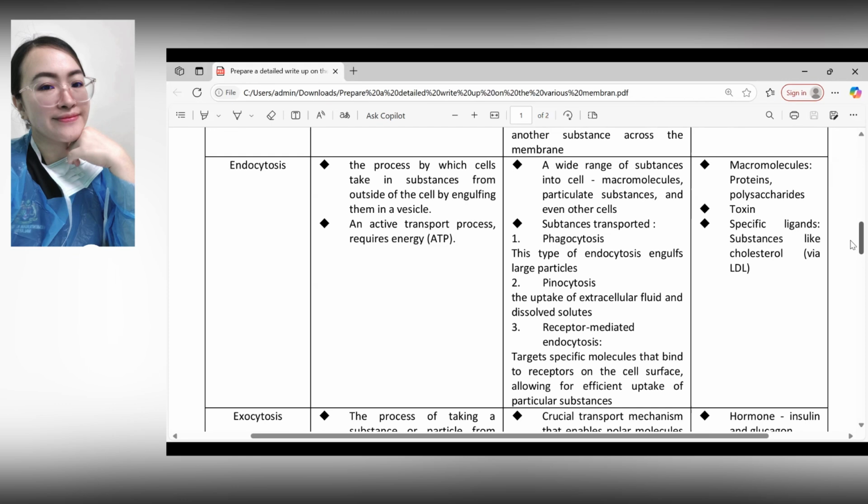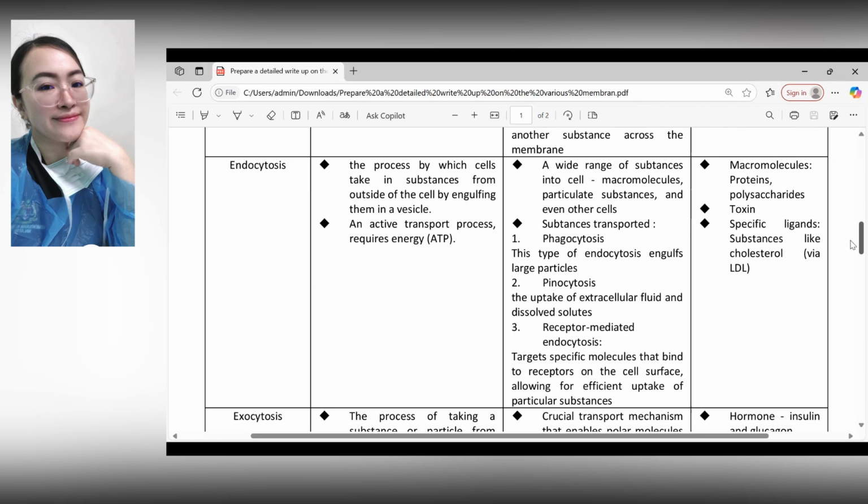Number three, receptor-mediated endocytosis: it targets specific molecules that bind to receptors on the cell surface, allowing efficient uptake of particular substances. Examples of endocytosis are macromolecules, proteins, toxins, specific ligands, and substances like cholesterol, which we can see via LDL.